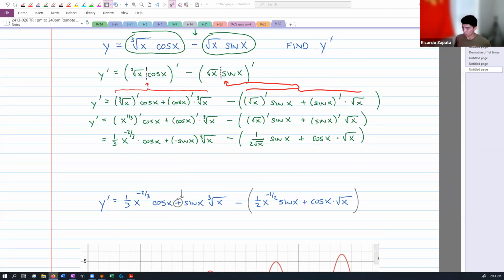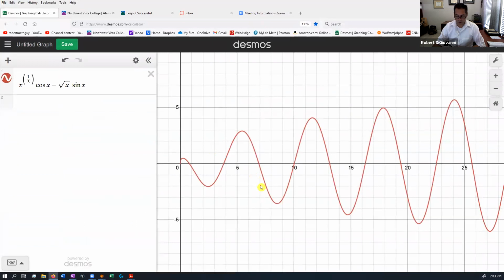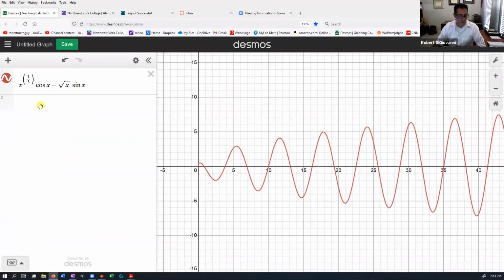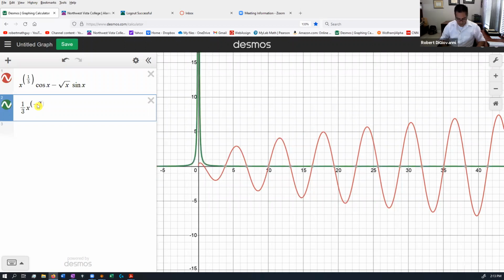So I graphed the function. Here it was. Let me take this out of here. This was the function. Pretty cool looking function. And let me type in the derivative. It's going to be ugly, but let me type it in. Okay, so it's going to be 1/3 x raised to the negative 2/3.